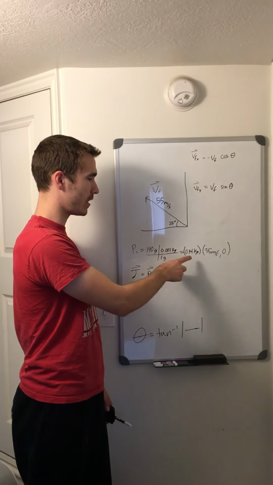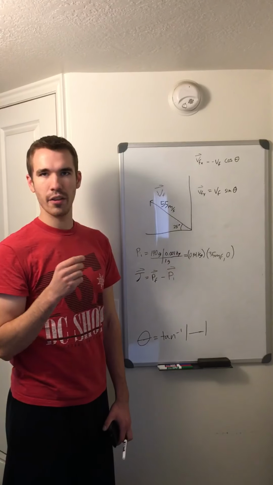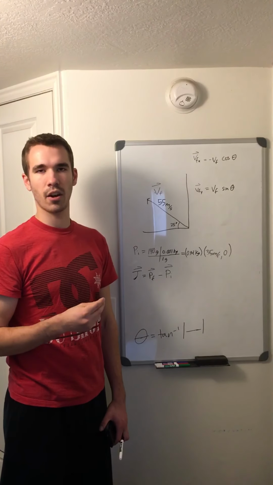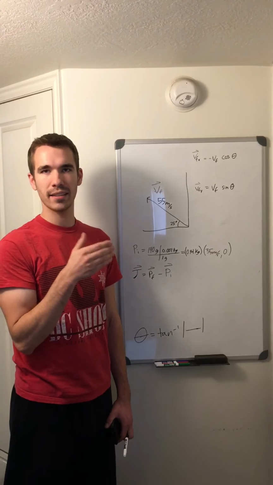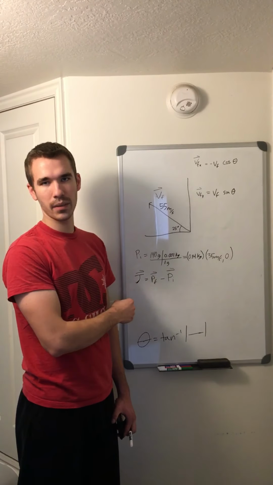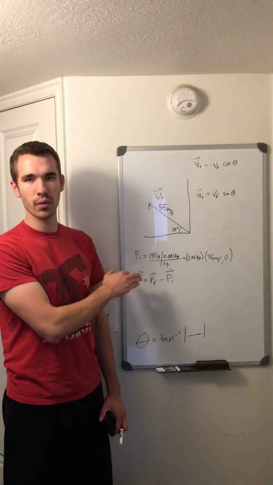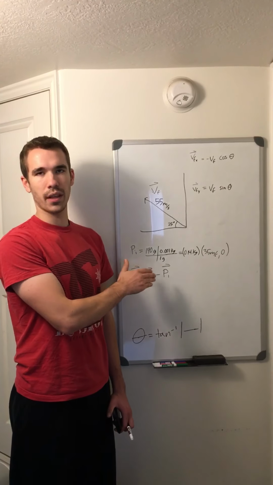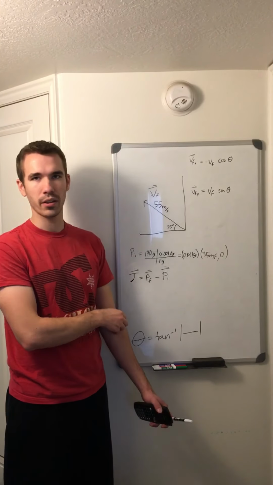And then we'll need to times that by the mass of the ball, because our momentum is equal to our mass times our velocity. So the mass of the ball was given in grams. It was stated at 140 grams, which once we convert that to kilograms, we get 0.14 kilograms.